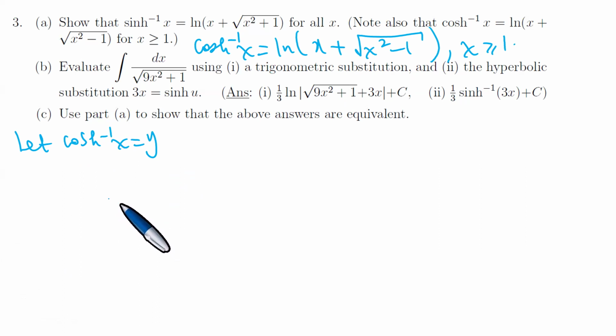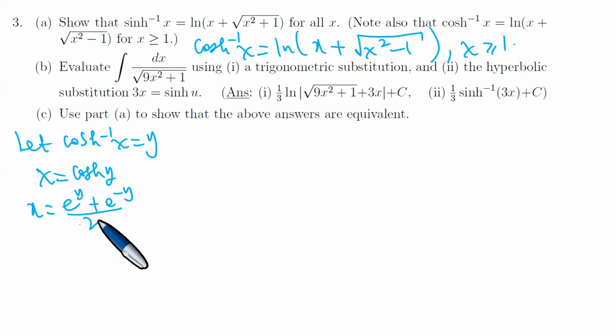And at this point, you then have that this is the same as x equals cosh y. Cosh is e to the y plus e to the minus y, out of 2.